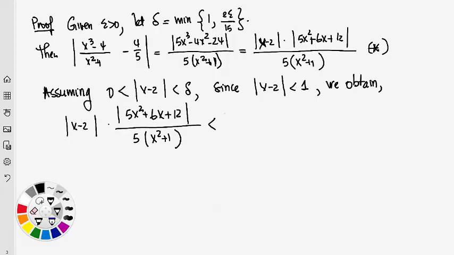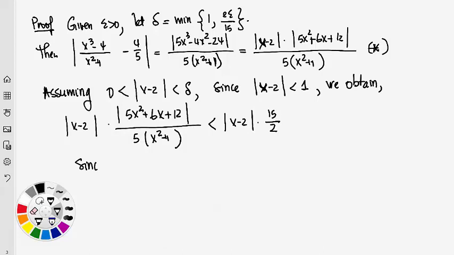This will be less than the absolute value of x minus 2 times 15 over 2. So you should definitely put more details here in your scrap work, I mean in your formal proof.